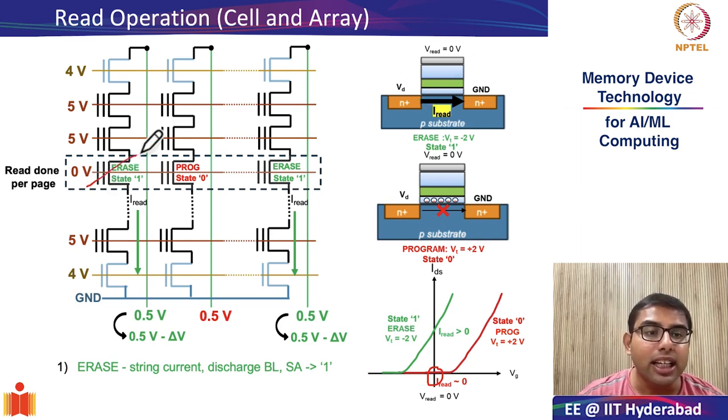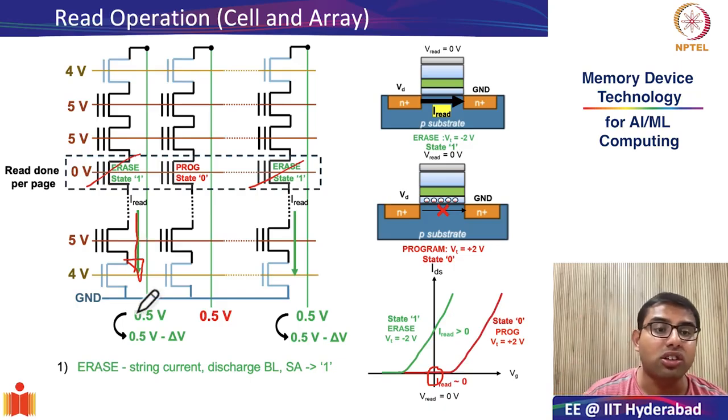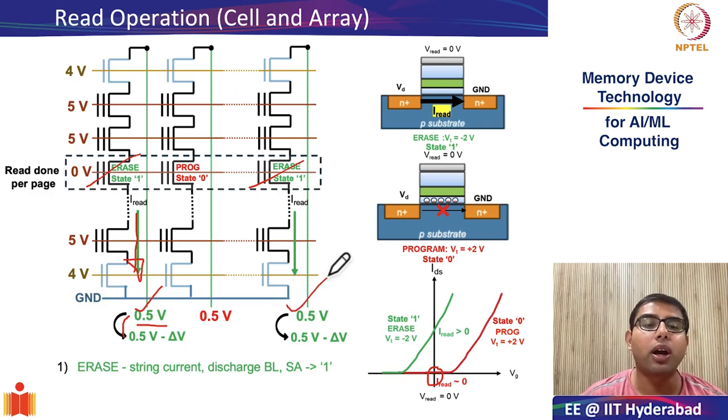That means these cells will be in on state under the current biasing conditions, and there will be a read current which will flow along the respective string. When the read current flows along the respective string, it is natural to expect that there will be a discharge of the bit line from 0.5 volts to 0.5 minus delta V for both string number 1 and string number n.